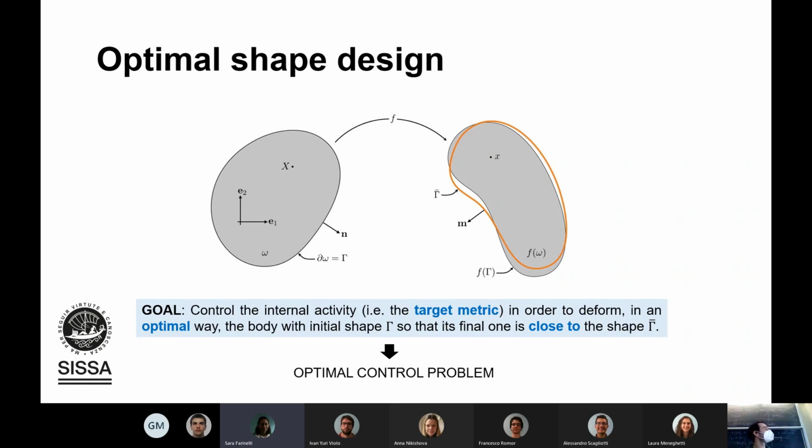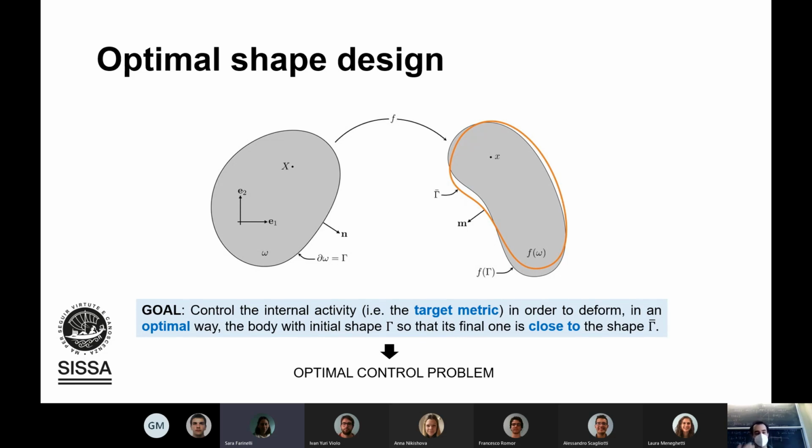So what we have introduced, the target metric, in order to deform in an optimal way the body, which has initial shape gamma. The shape for us is the boundary of omega, which morally is B. So that the final shape that we reach is close to a target shape gamma. So we want the initial domain to be close to the orange curve that we draw. Of course, the closer we are, the better it is.